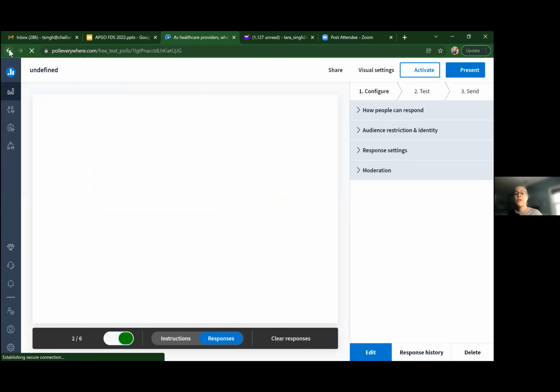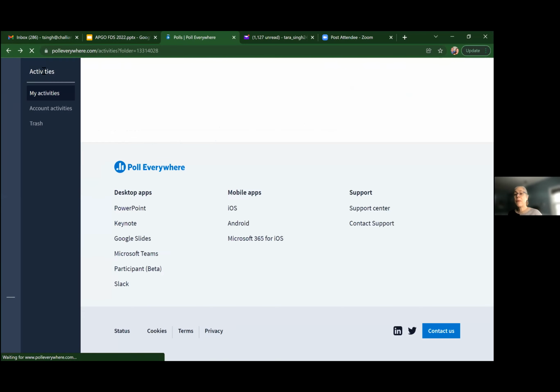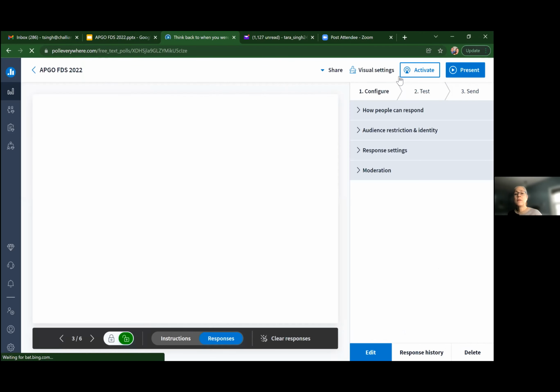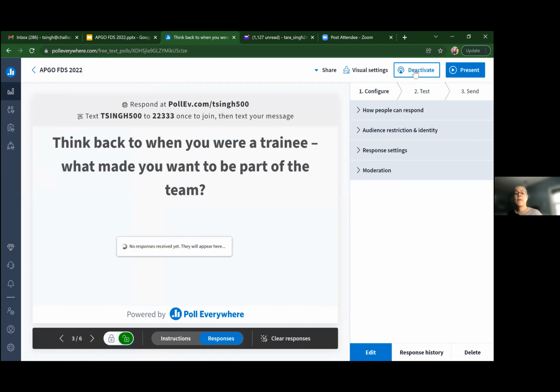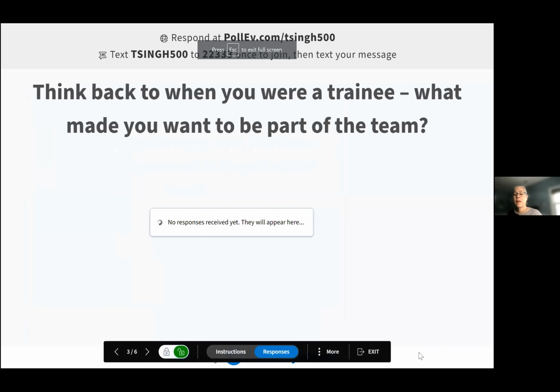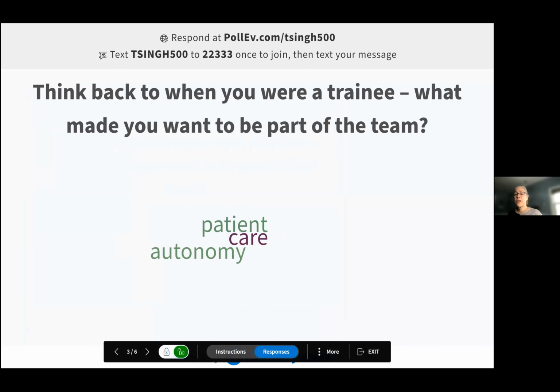What might have made you feel inspired to be part of a team? Interesting, autonomy. The idea of being part of a team and yet being able to function in your role. Patient care.